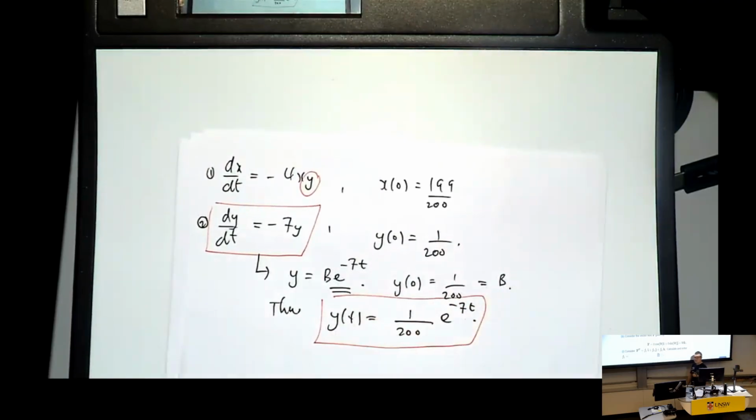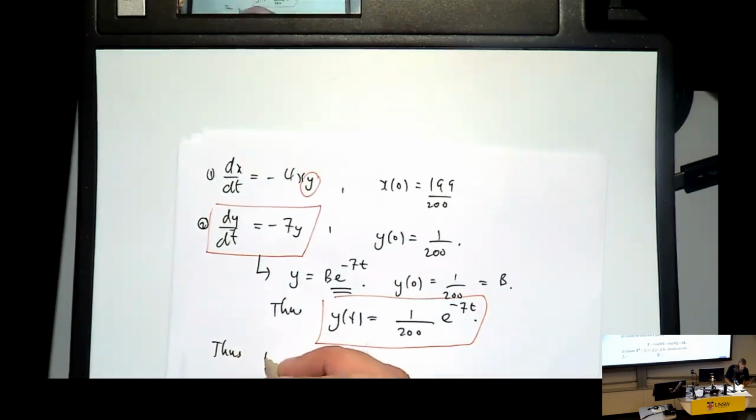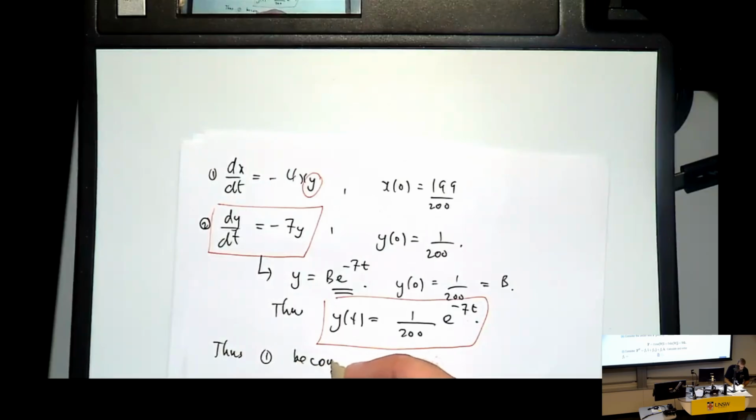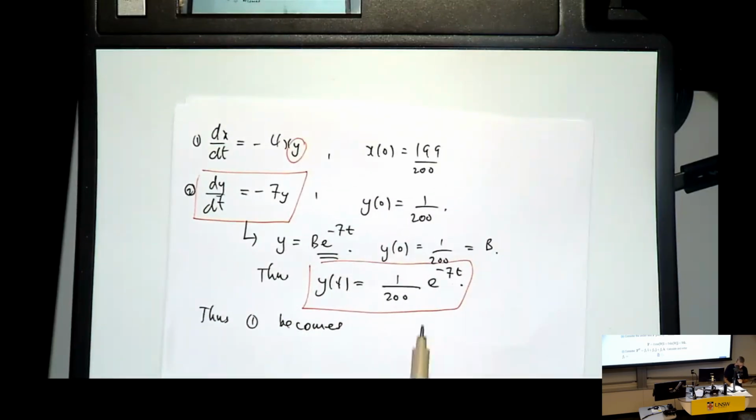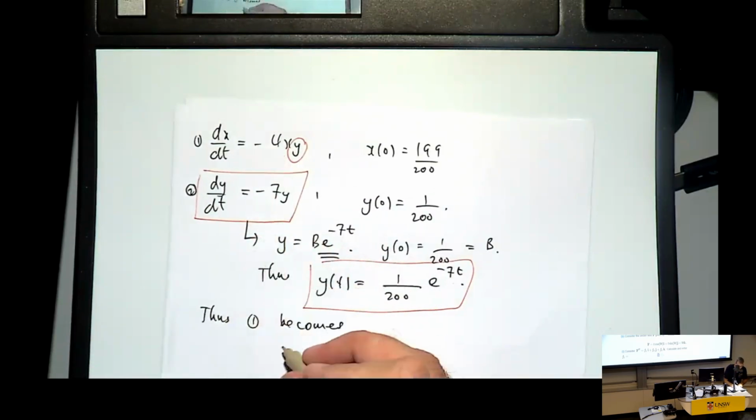So in this case, we did what we were told. Let's take that y of t and sub it into the original, the first differential equation. Take that, put it in there.